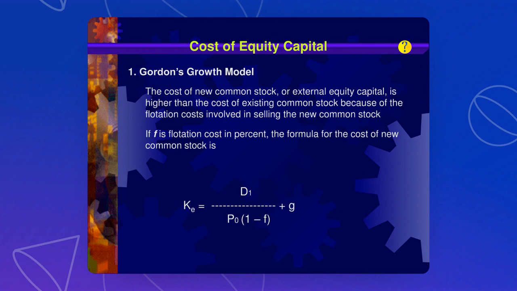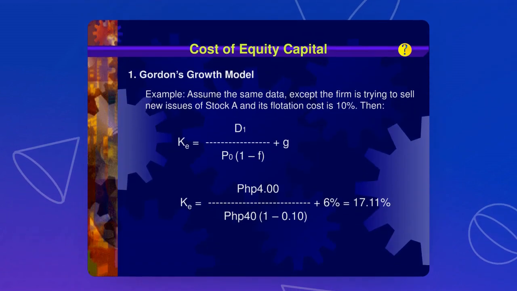If F is flotation cost in percent, the formula for the cost of the new common stock is KE equals D1 divided by P0 times (1 minus F), plus your G. So that's the formula, class. Meaning, we will deduct any flotation cost because that's the cost specifically of issuing our shares.